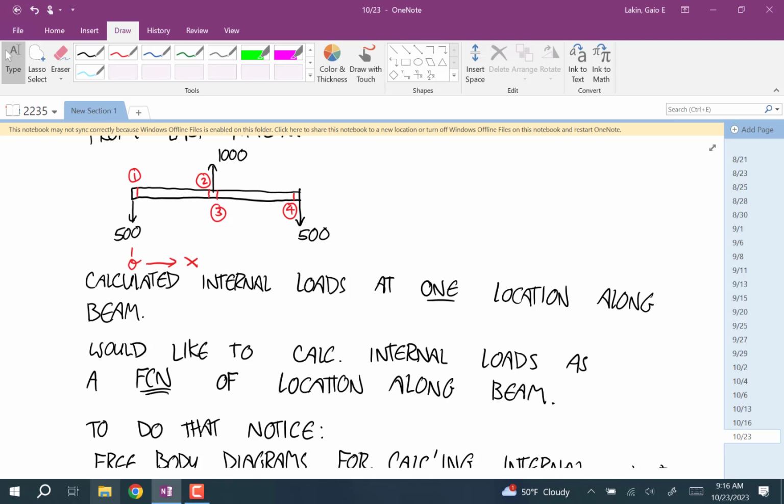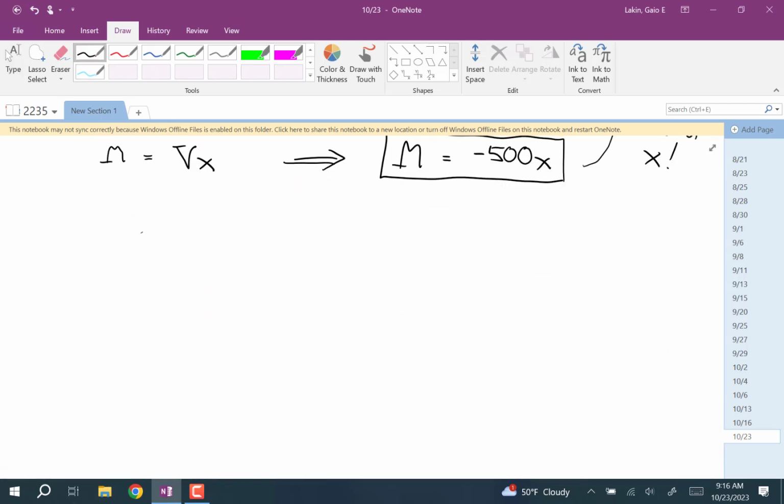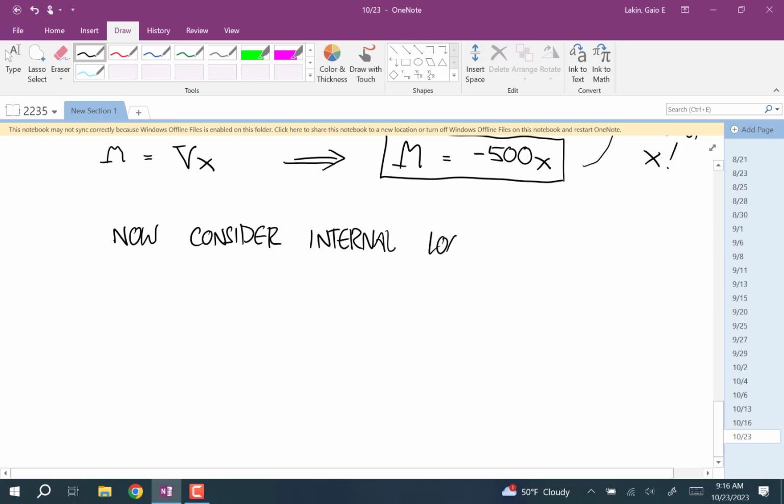So let's see what happens if we go to the points 3 and 4. Now consider the internal loads at 3 and 4.